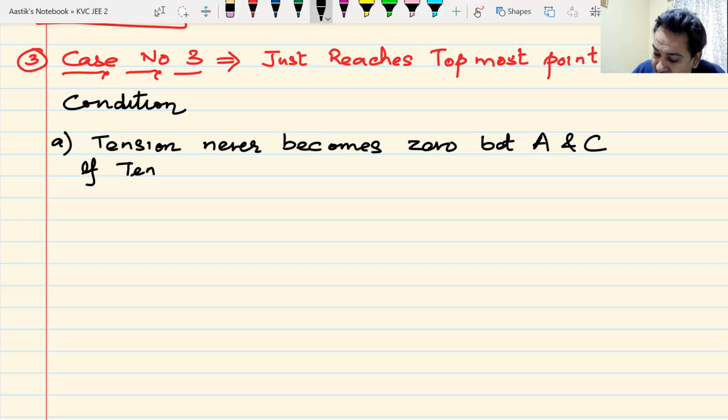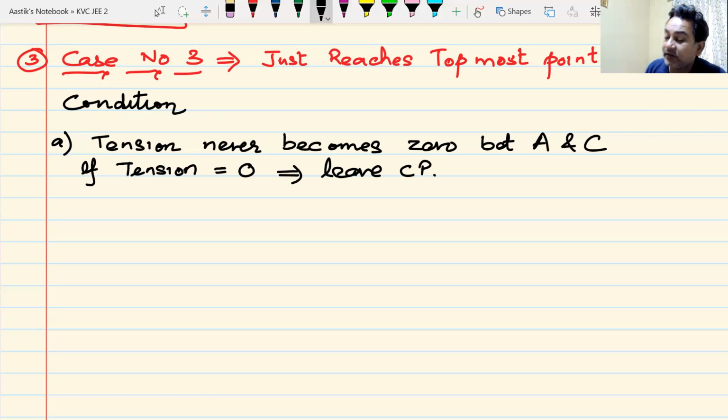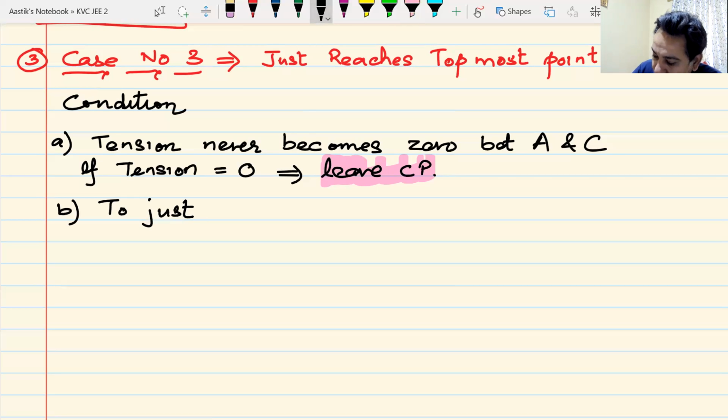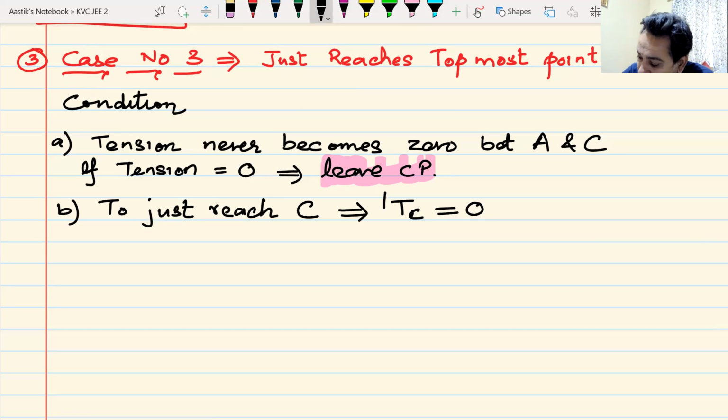If tension becomes 0, it will leave the circular path. There is nothing to keep it moving on the circular path. Yes or no? Do we understand this? To just reach point C, the condition is that tension at point C just becomes equal to 0.